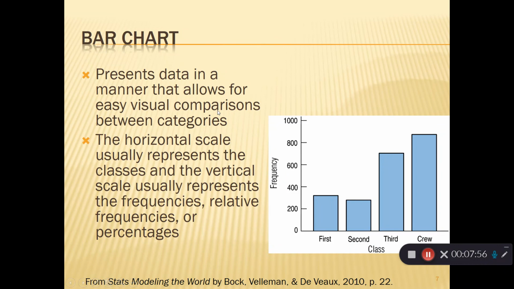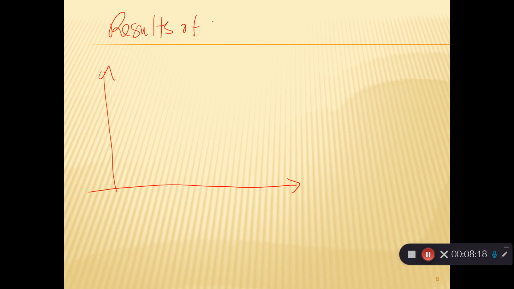A bar chart is another way to represent people in each category. So we put the classes down here. We put the frequency count up here, or the percentage, and then the title up at the top. So for our class example, I might do, again, the title, something like Results of Initial Post in STA 2023.